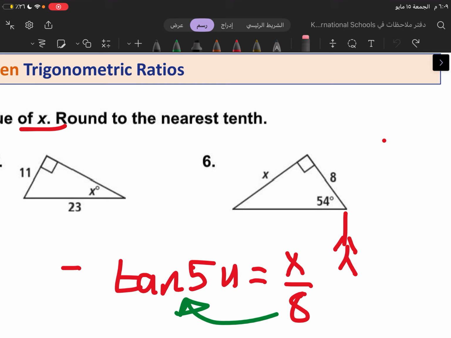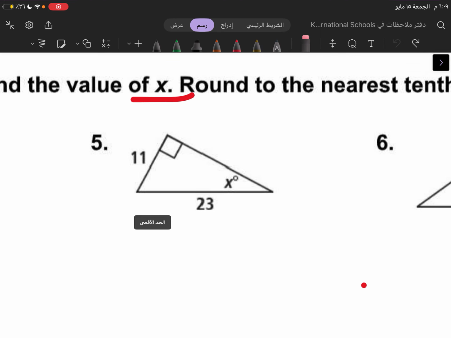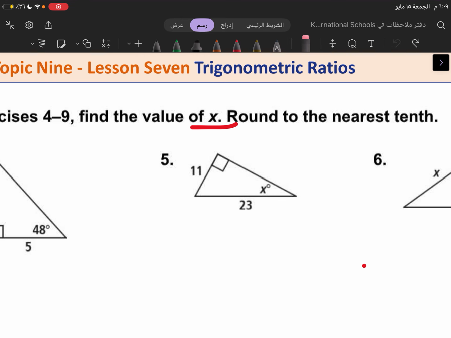The second case, if he asks you about the angle. See what he asks you to find? He asks you to find the angle. In this case, directly, you stand on the angle here.